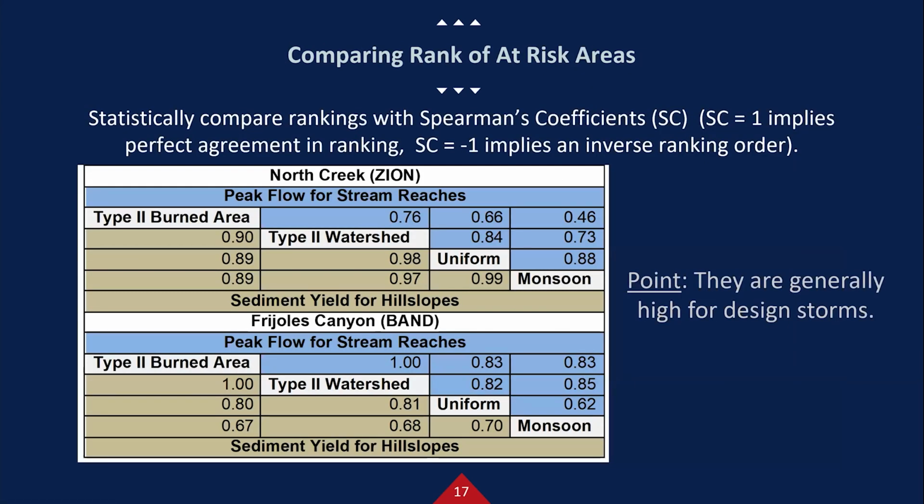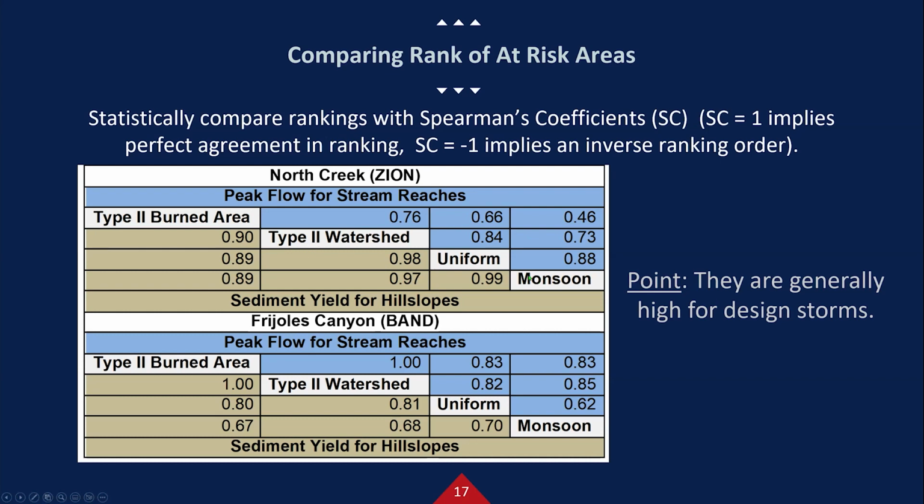And there's a Spearman's coefficient statistic that can allow us to statistically compare rankings. So if this coefficient is 1, it implies perfect agreement in the ranking. So again, you develop a ranking for each type of rainfall input.